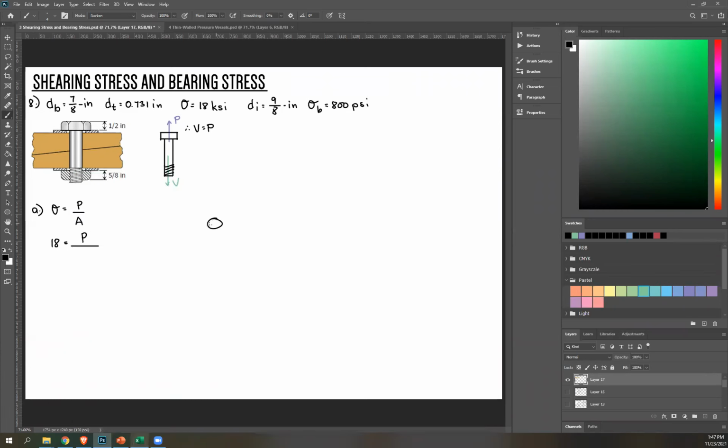So for the bolt, if you look at the cross section, that's a circle, and that is the perpendicular area to your resulting load P. So that's P over pi over 4 D squared, and the D here is for your bolt itself. So that's 7/8.